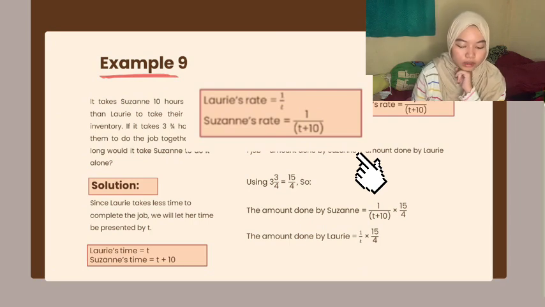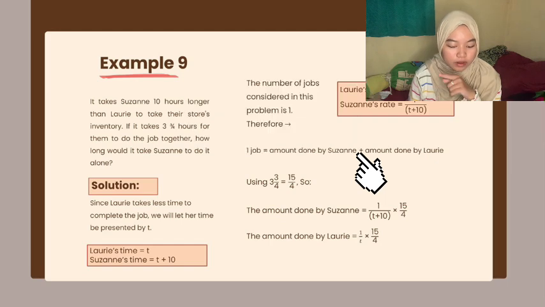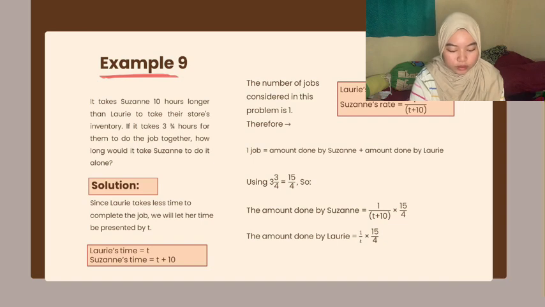Using 3 and 3 over 4 equals 15 over 4, the amount done by Susan equals 1 over (T plus 10) times 15 over 4. The amount done by Lori equals 1 over T times 15 over 4.